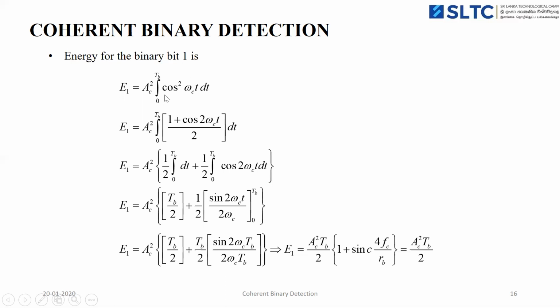So we substitute the signal waveform for binary bit 1: A_C squared, and then integrate over the interval 0 to T_B of cos squared omega_c t dt, and apply the formula for cos squared theta, which is (1 plus cos 2 theta) by 2. Then we split the integral into two terms, integrate, and finally we get the bit energy for binary bit 1 equal to A_C squared T_B by 2 for on-off keying modulation.